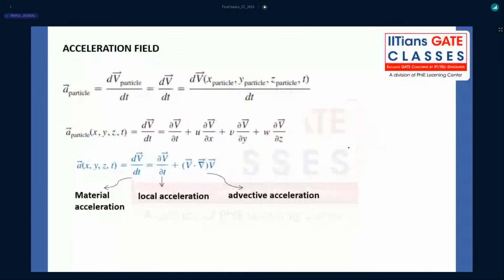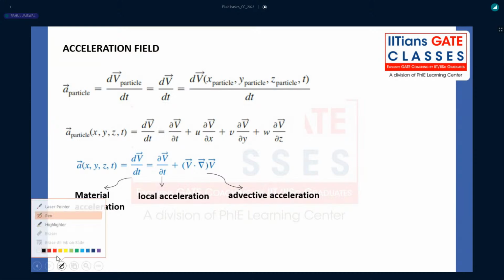Now, note down, similarly, if you are studying fluid kinematics, the fluid will definitely have some velocity, some acceleration. Note down, acceleration field. Studying this acceleration field, we don't bother about the individual tracing of particles.